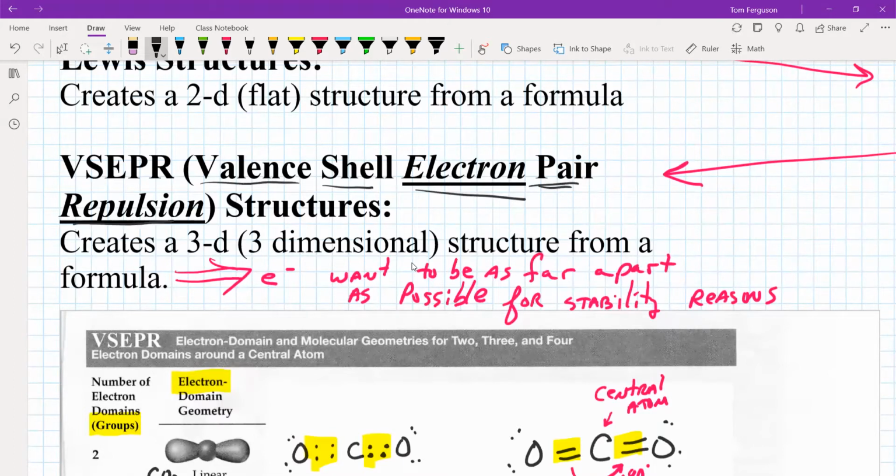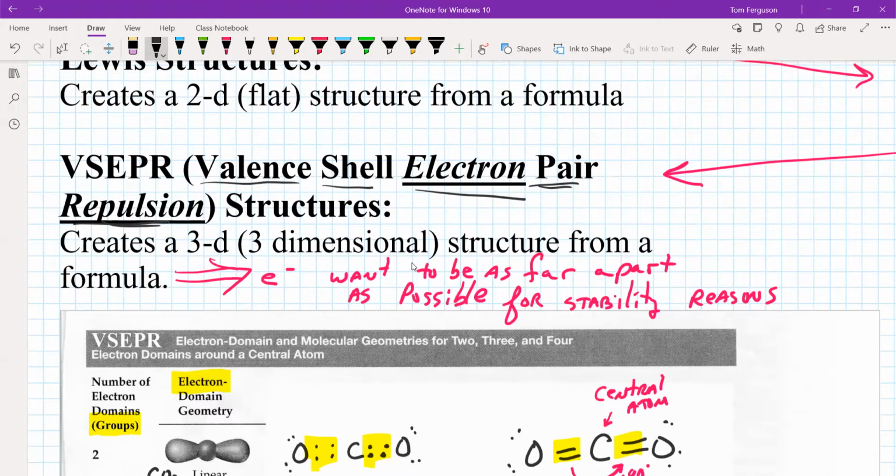Electrons repel each other because they're both of negative charge. So if we minimize the repulsion of electrons on a molecule, that would be the most stable state of that molecule. That's what this 3-dimensional structure is based upon: the most stable positioning of these electrons.